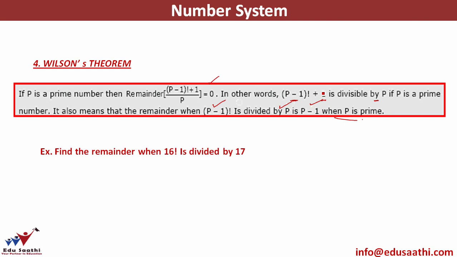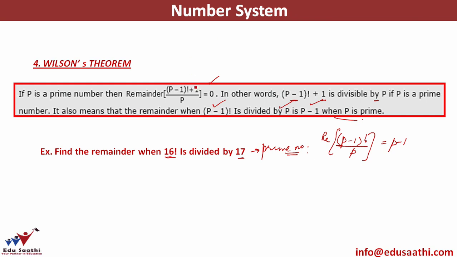So if I just look at the question, what is the remainder when 16 factorial is divided by 17? Now what is 17? 17 is a prime number. If I just apply the theorem, p minus 1 factorial when divided with p would give me a remainder of p minus 1. This is what we can remember as the theorem.